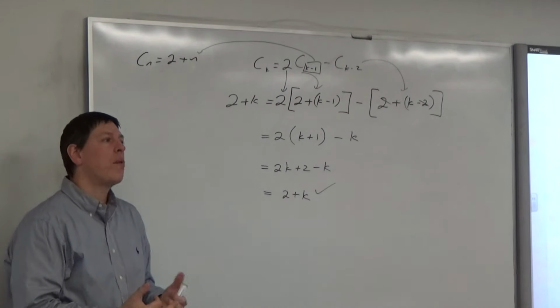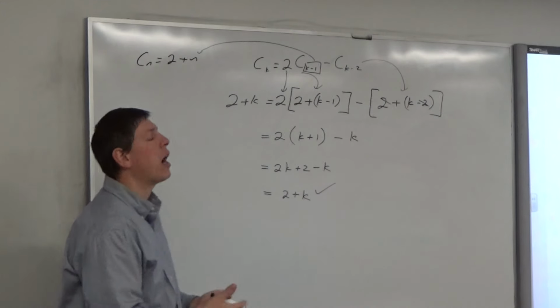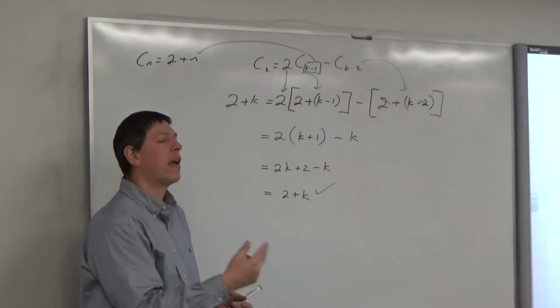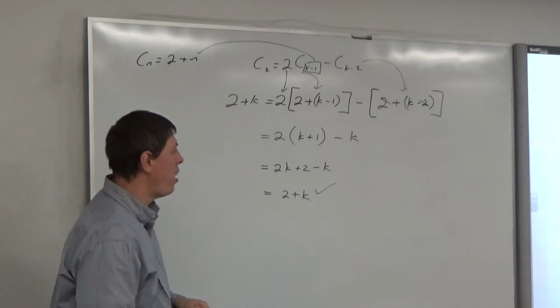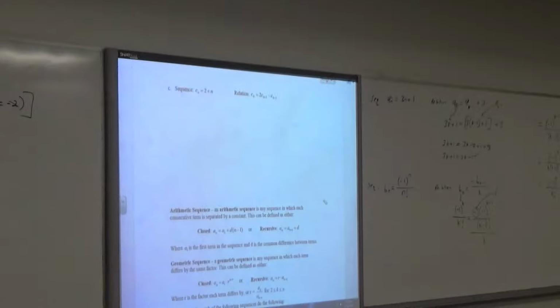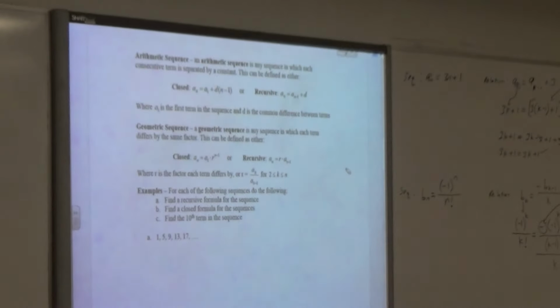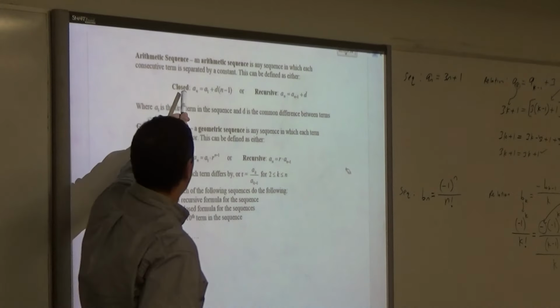Before we can start talking about how we get to this answer, we have to talk about 2 very common types of sequences, arithmetic and geometric sequences. Both of them are very easy to work with. Most of you have probably worked with them already. There are 2 different ways to write an arithmetic sequence. You can write it in the closed form or the explicit form, where we have this.